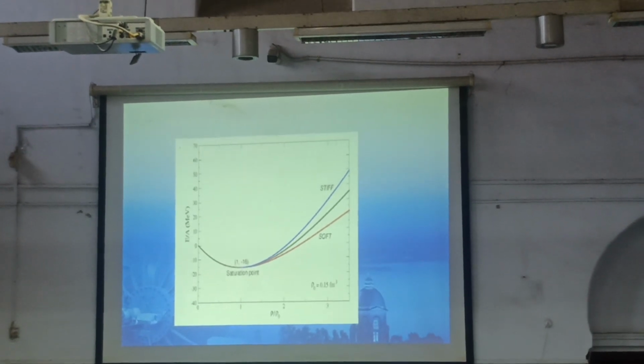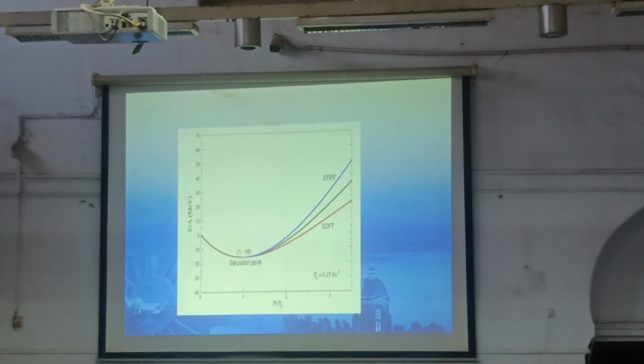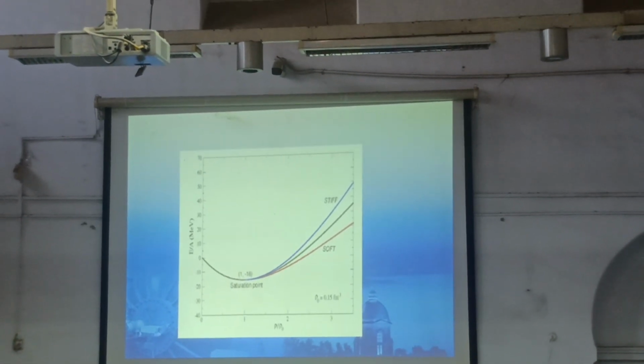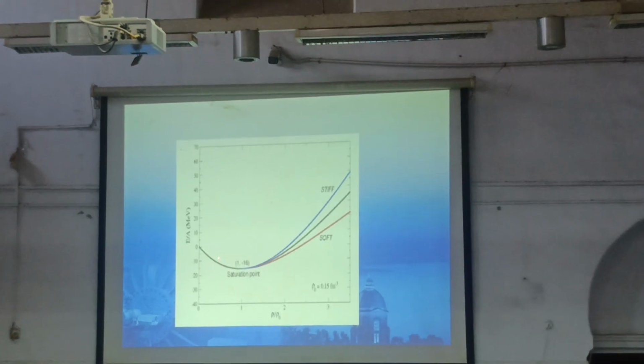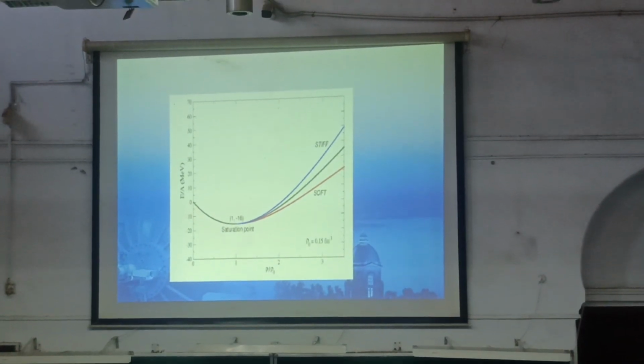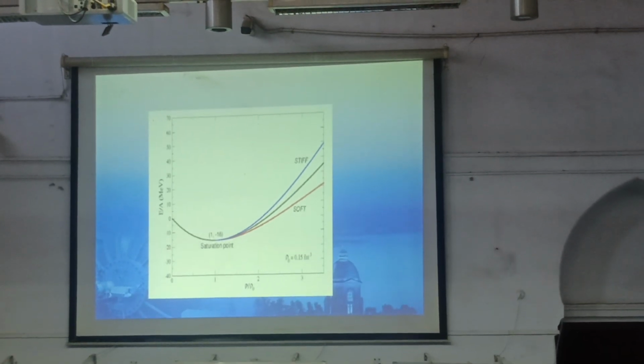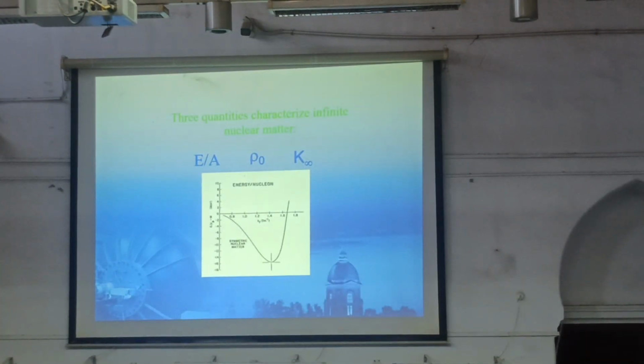Stiff means I need more energy. That's higher compressibility, this is lower. So this is important. Just knowing these two does not define my equation of state correctly, I also need the third one.